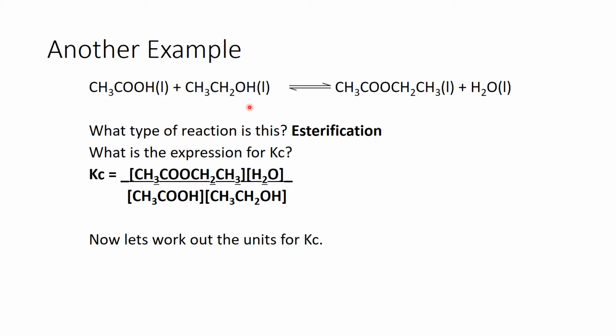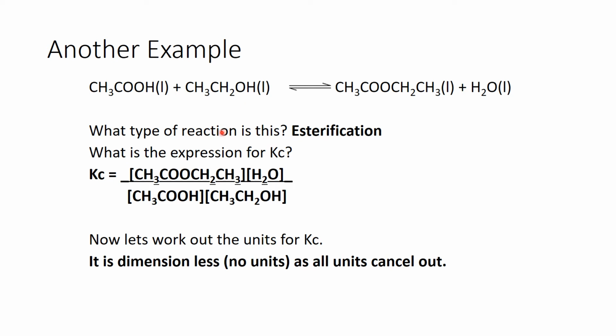The units for Kc then are pretty much the same as in the previous case, because if I switch to a pen here, this will be moles per decimeter cubed divided by moles per decimeter cubed, which will cancel out. The concentration of water is also in moles per decimeter cubed, divided by the concentration of ethanol in moles per decimeter cubed.